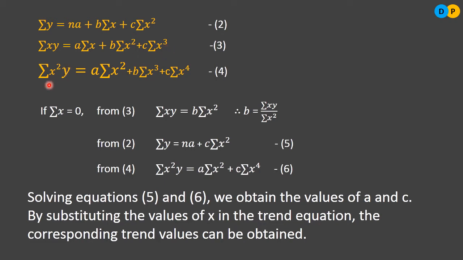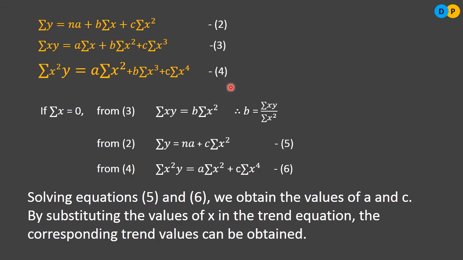And the third normal equation is summation x square y is equivalent to a summation x square plus b summation x to the power 3 plus c summation x to the power 4. So these are the three normal equations which will be used to obtain the values for a, b and c.